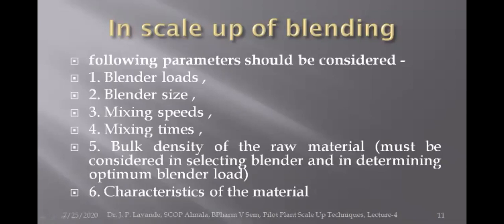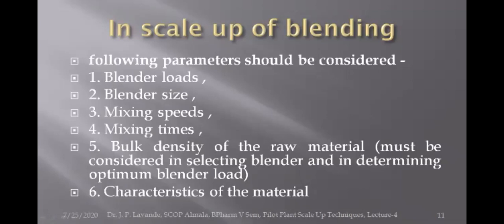So whether the mixing speed is moderate, slow, or fast should be determined and decided based on the requirements of the particular agent and its properties. Mixing time, whether it is 5 minutes, 10 minutes, 15 minutes, or 50 minutes, has to be followed as per the specification of the manufacturing documents, the batch manufacturing record, BMR.